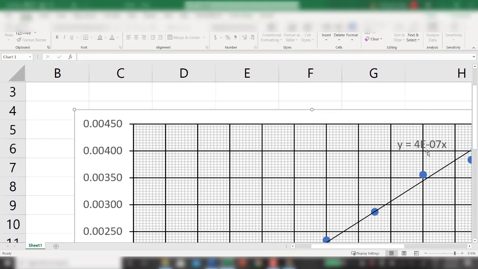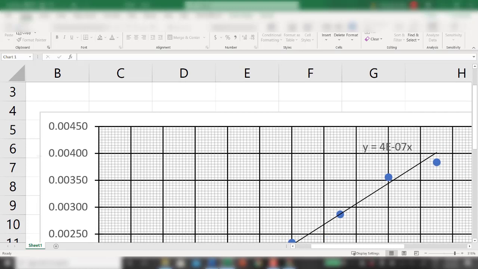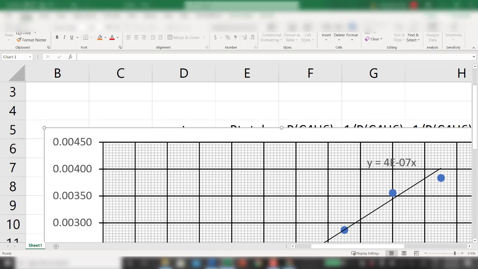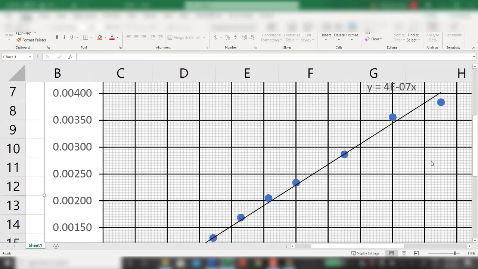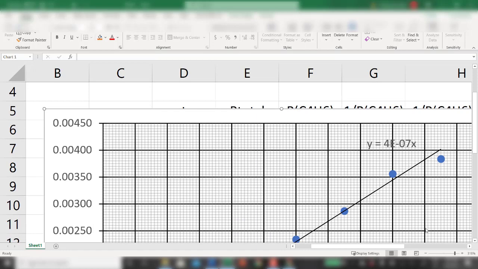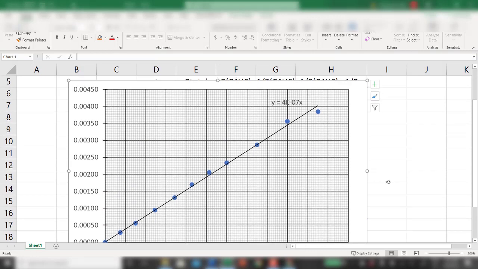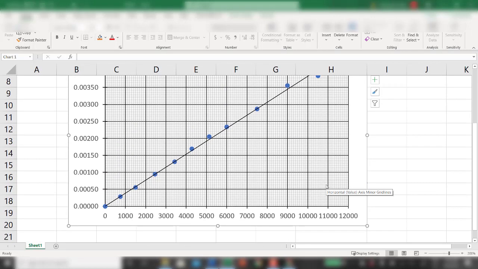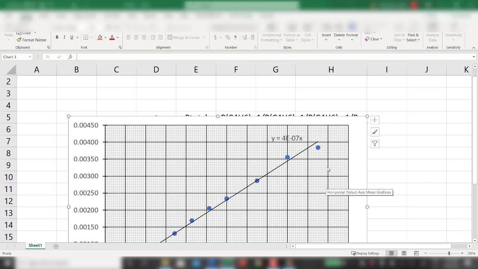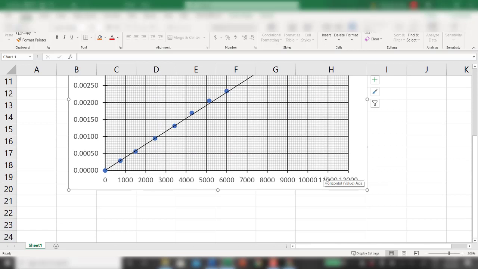Maybe over here. So that's 0.00400 on the y-axis, and then on the x-axis, every unit is 1,000.